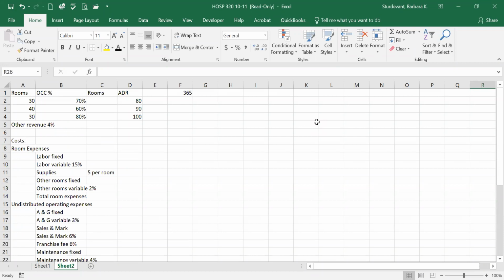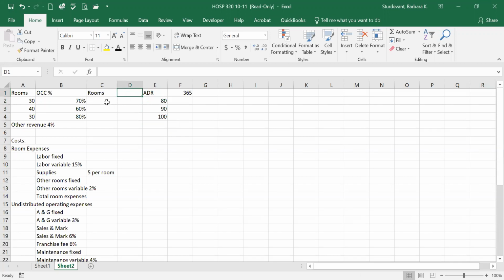Okay, so where would you start? I calculated just my total rooms sold for the year.